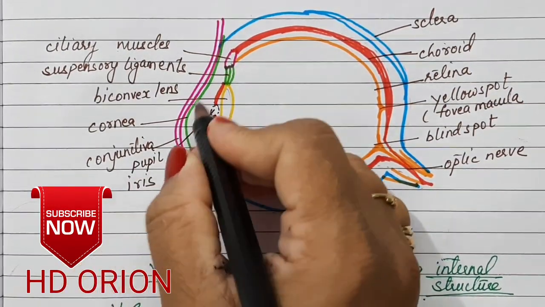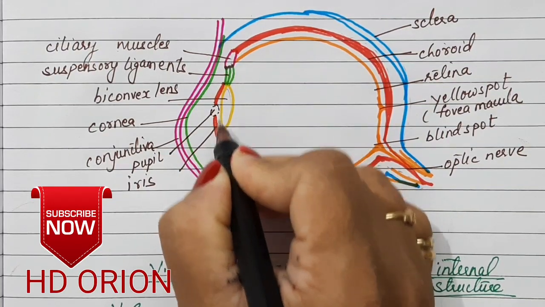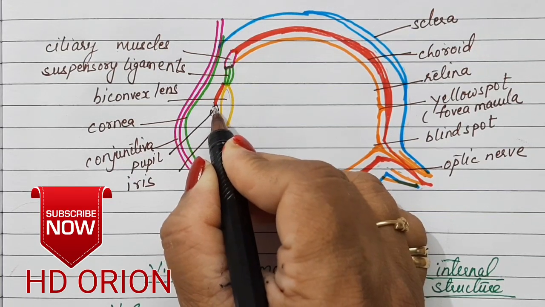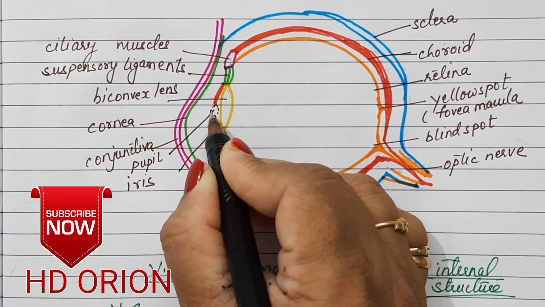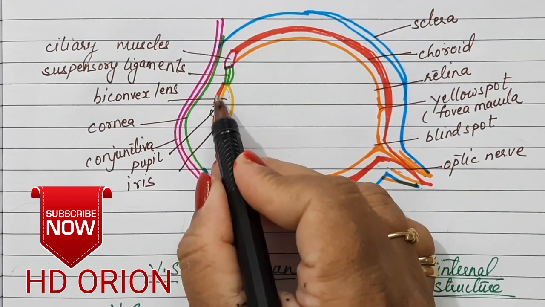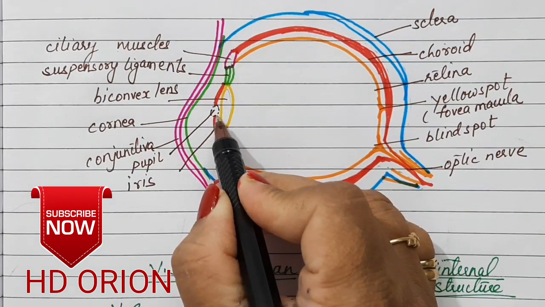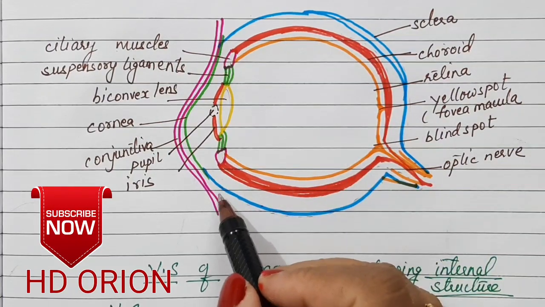It is the iris which governs the contraction and relaxation of the pupil. When the iris retracts back, the pupil is relaxed and it opens, and when it is covered, the pupil becomes constricted. So the movement of the iris controls the constriction and dilation of the pupil. So this is the structure of the human eye.